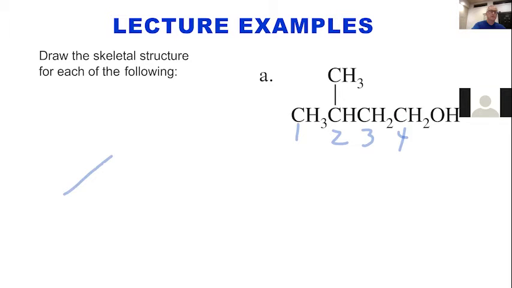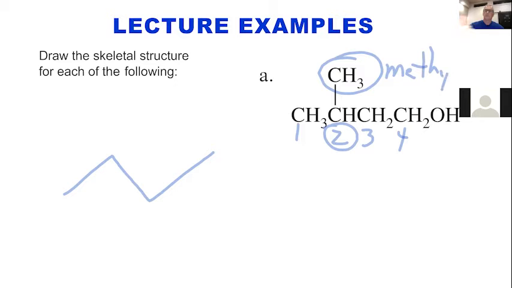So I go 1, 2, 3, 4. And I see that 2 has a substituent on it. 2 has what we call a methyl group. CH4 is methane. And if we remove one of the hydrogens and replace it with a carbon-carbon bond, we call it methyl.